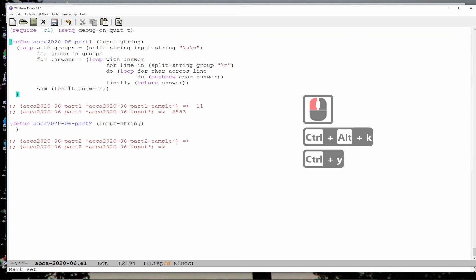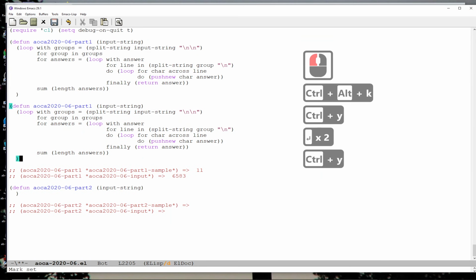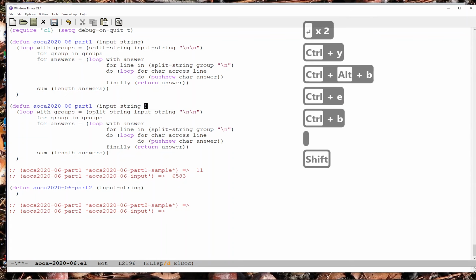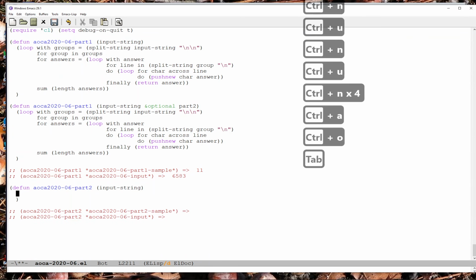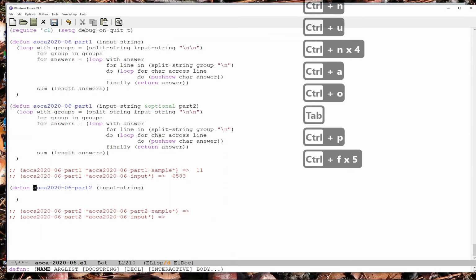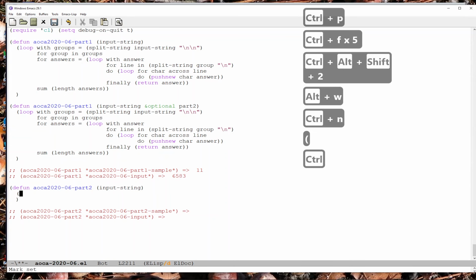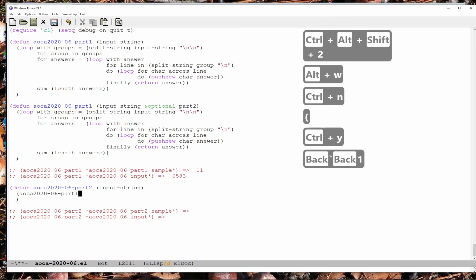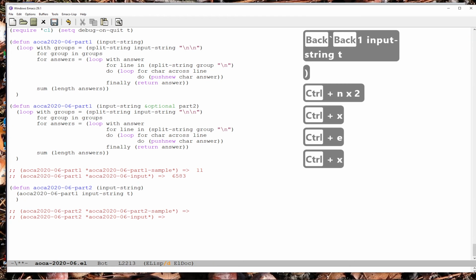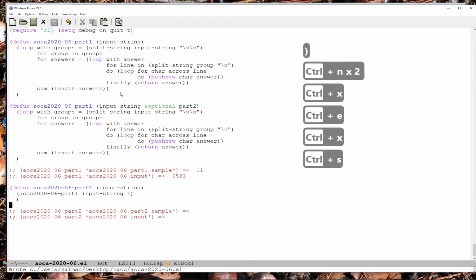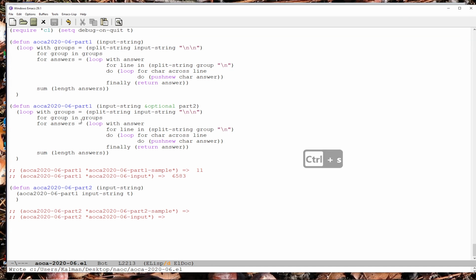So again, we're just going to copy this and then redefine it for part 2. Optional part 2. And this guy is going to be 1 with input-string and t for the part 2. He's defined. We need, say, so.